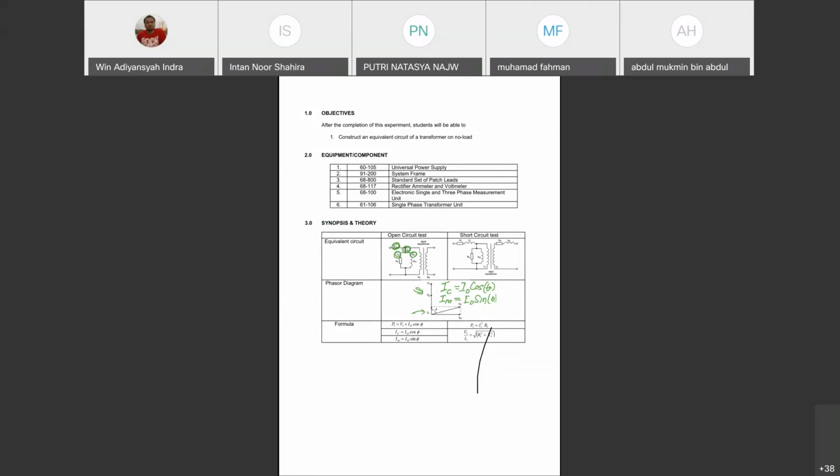So you get IC and IM, the coil loss current and the magnetized current. That is question C.